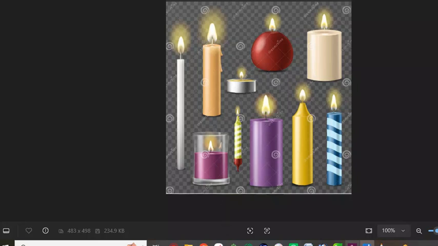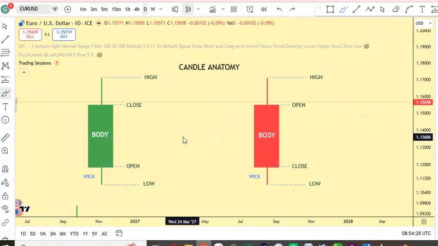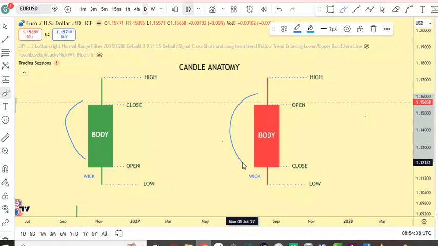So also in trading, we have this candle. We have two candles basically. We have the green candle, and we have the red candle. The green candle is what we call the bullish candle, the bull candle, the up candle, or the buy candle.